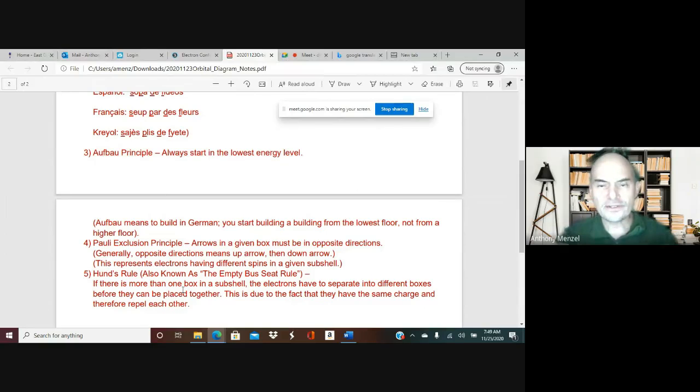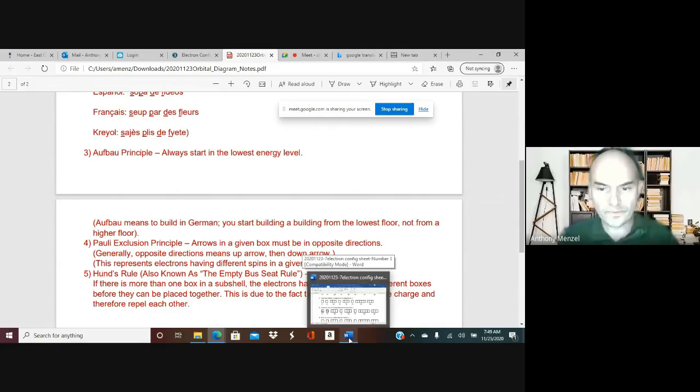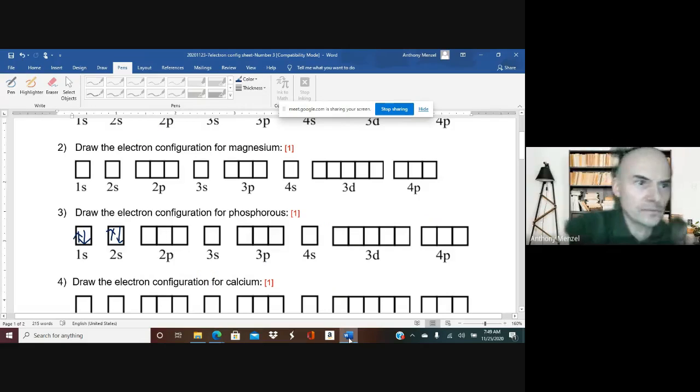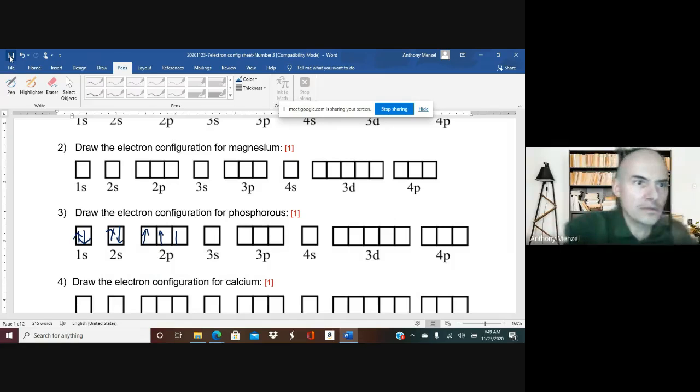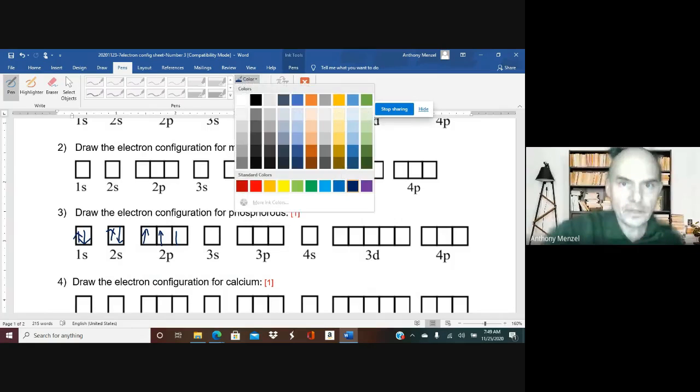So the electrons are like sweaty, dirty people who want to separate from each other on the bus. And that's why we're going to fill out this 2p in this way. The 2px, 2py, 2pz. So there'll be a separation when you fill out your orbital diagram.